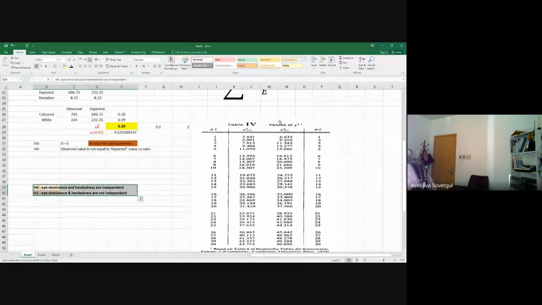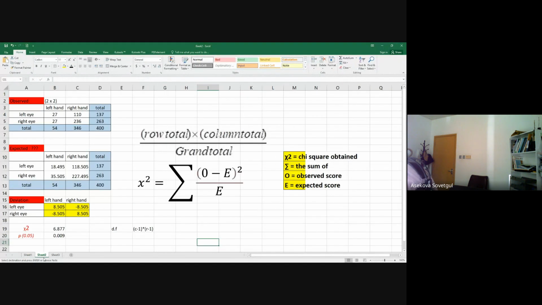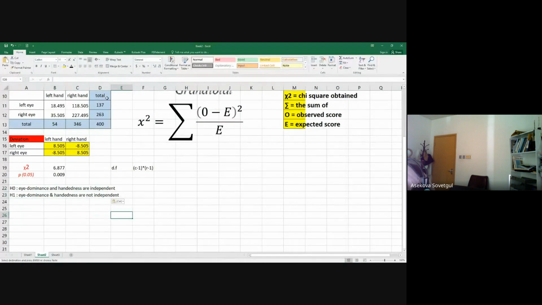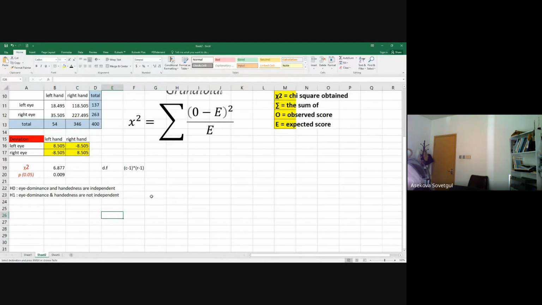Here, in contrast to the goodness of fit, we have to be a little bit careful when we are testing for the test of independence. For the null hypothesis, we say that eye dominance and handedness, meaning whether you are right-handed or left-handed, are independent.